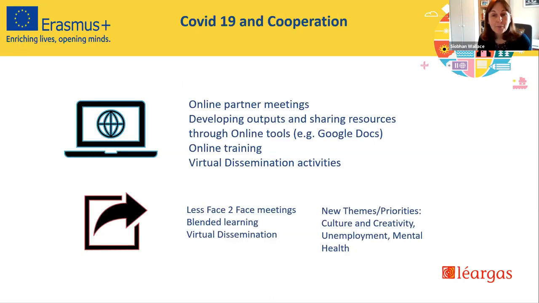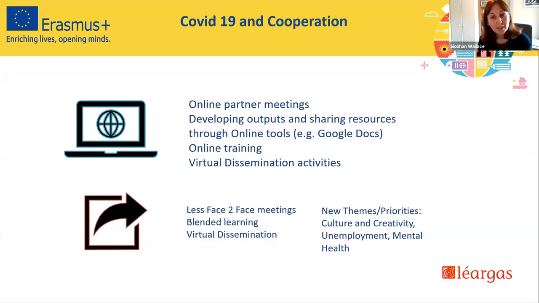So it has been possible for many projects to keep going, and also holding promotional activities, dissemination activities online has also been possible. And in many cases, you know, projects have found that sometimes it's more difficult.